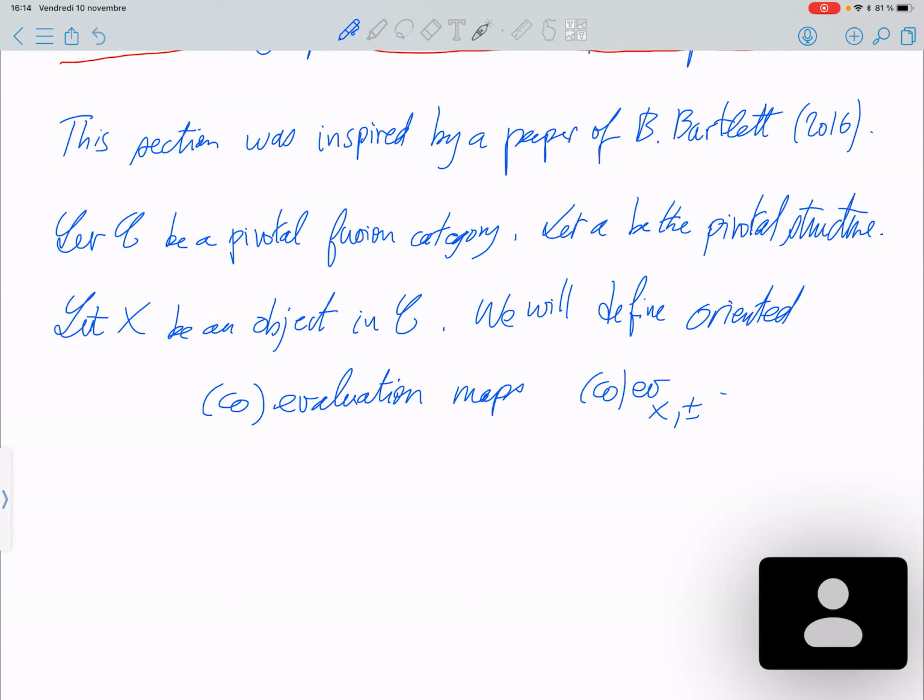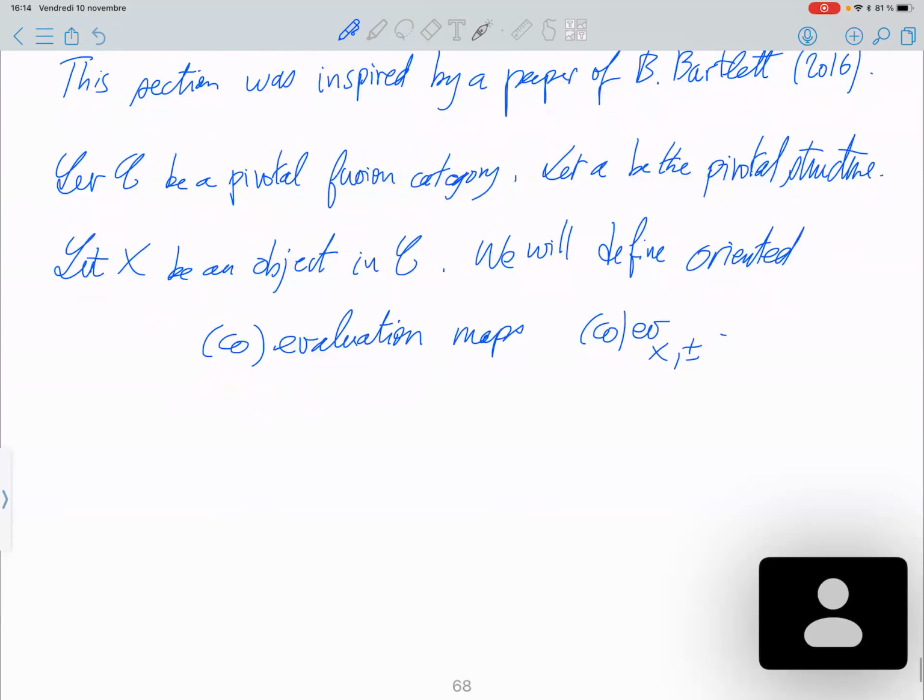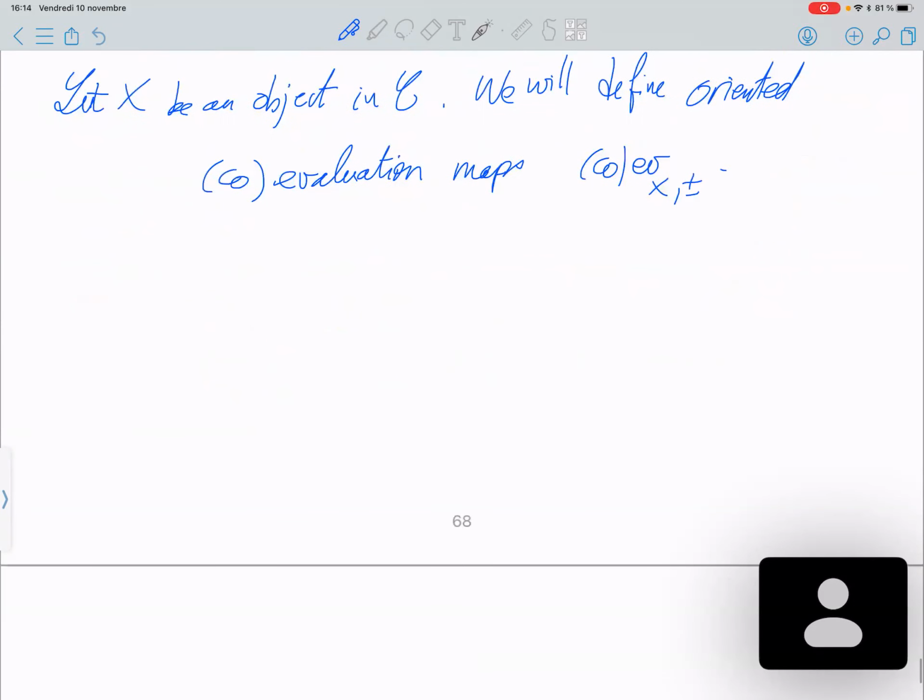Okay, so first, the plus version will be the version already defined, without this extra index. So ev X plus will be just what we defined as the evaluation map for X. This is a map in the hom space of morphisms from X star tensor X to 1.